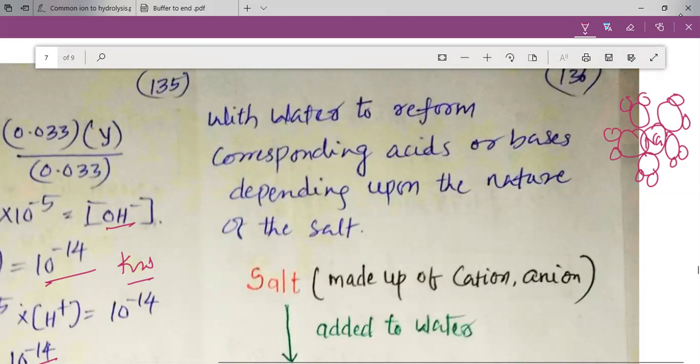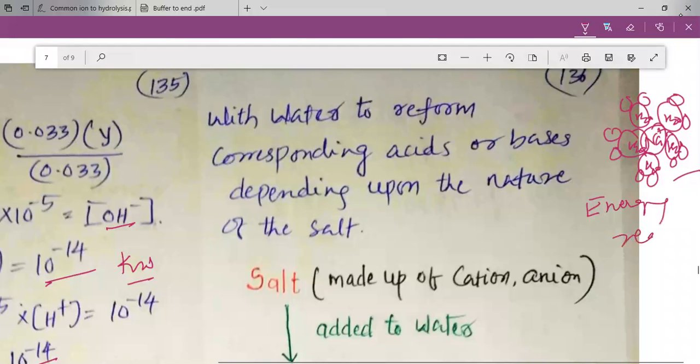So your positive ion or negative ion is surrounded by H2O molecules, and this process is known as hydration. Due to hydration, the ions are surrounded by the water molecules and energy is released.